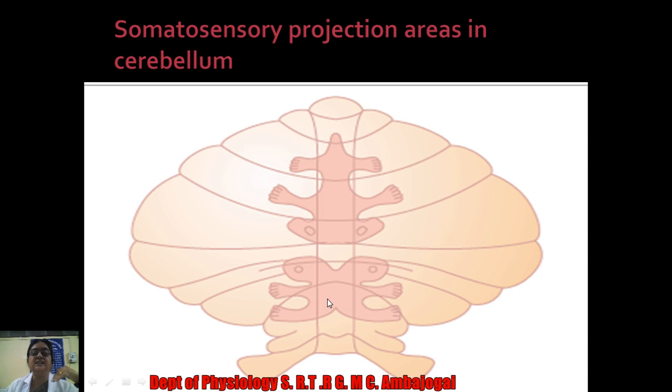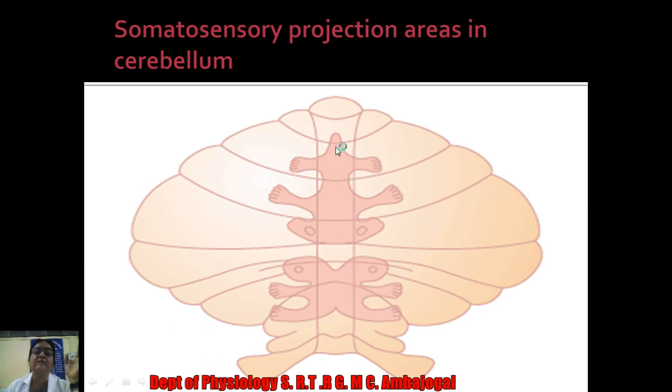Here, this is the central part, the vermis. I already told in the previous PowerPoint image that this central part of vermis is mainly responsible for the maintenance of tone and posture of the central part of the body and proximal limb movement.